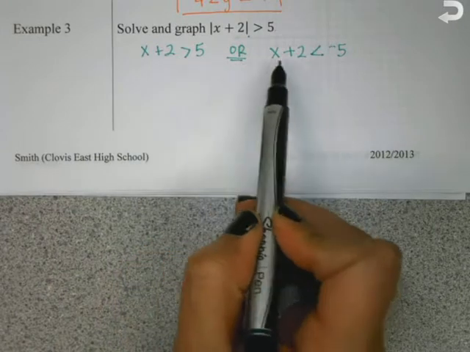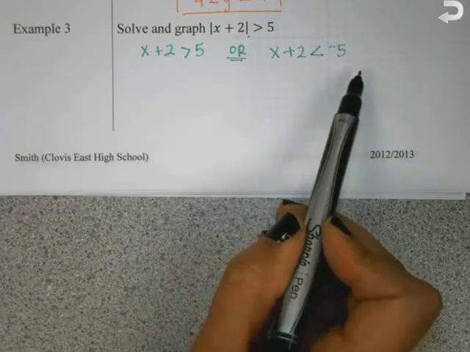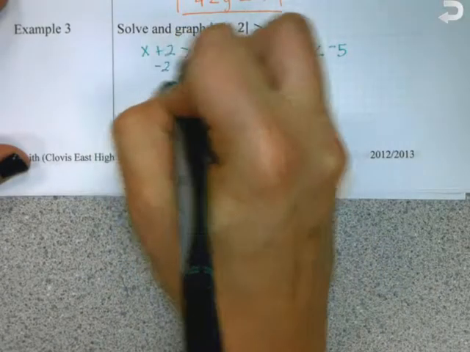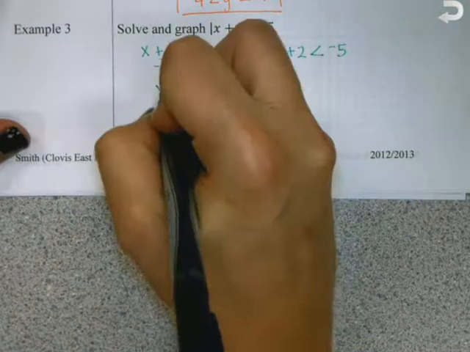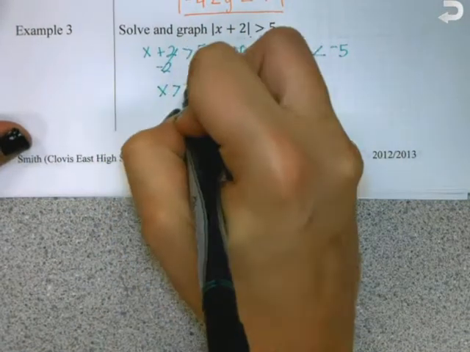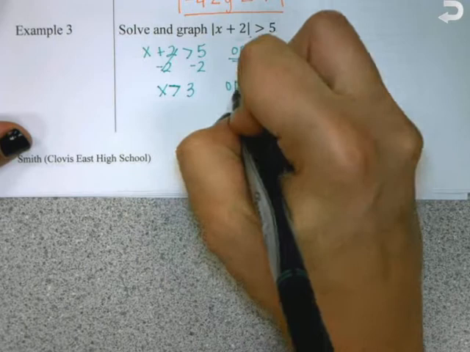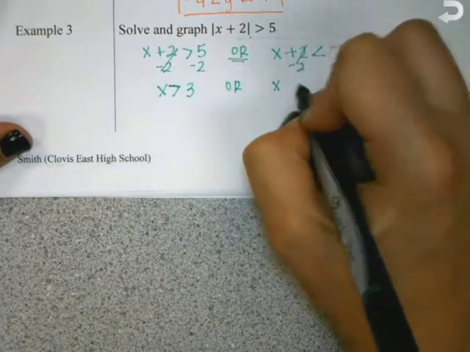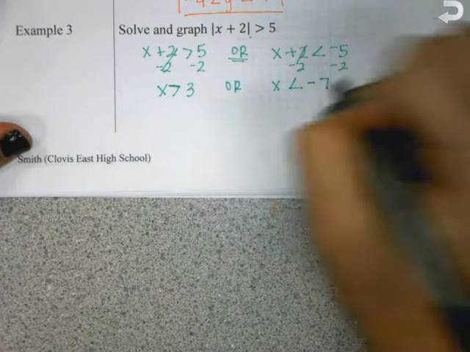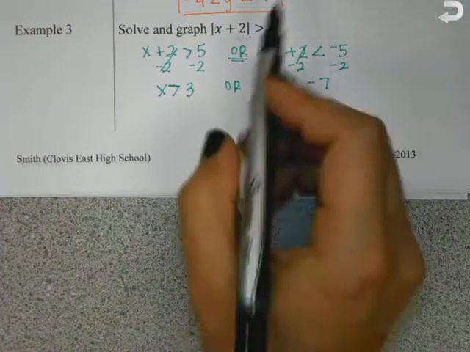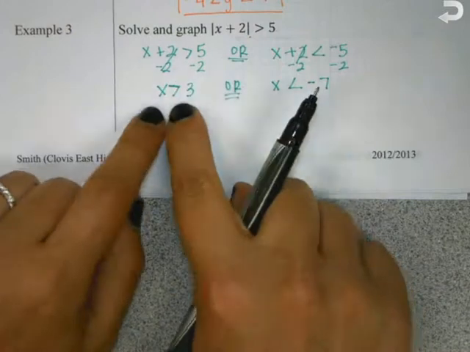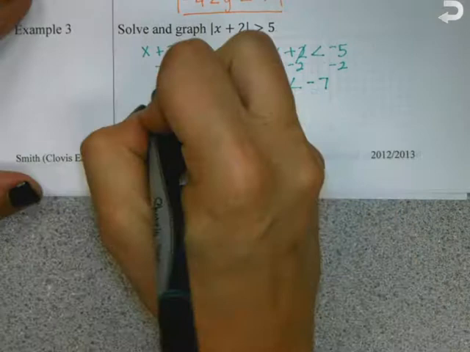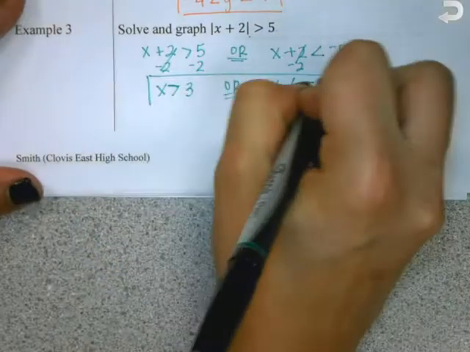So we get x greater than 3 or x less than negative 7. So since my word is or here, we can't combine them. So our answer is actually just going to stay like this with the word or in between. So if our word is and, we can combine them like we did in example 2. If our word is or, we have to keep them separated.